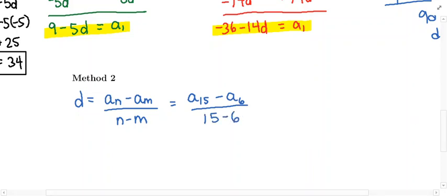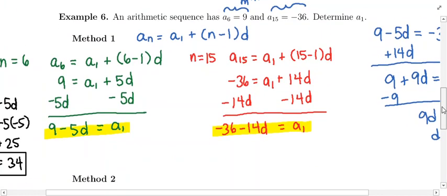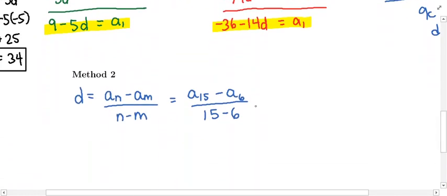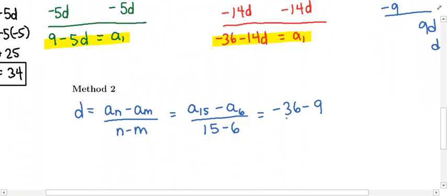We can just pop in these values. A15 is negative 36, we're subtracting A6, which is 9, and we're dividing by 15 minus 6. This is going to give us negative 45 over 9, which gives us negative 5.